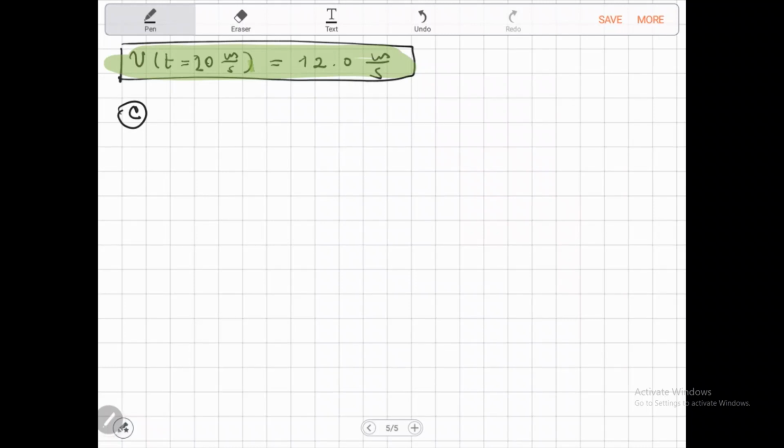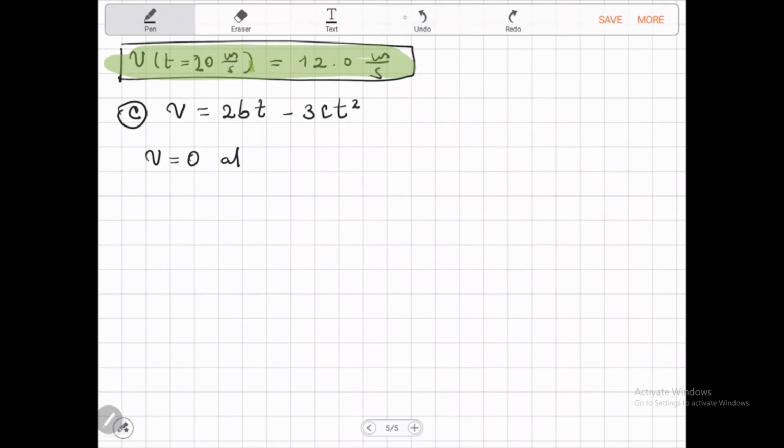We know that the instantaneous velocity is v equal to 2bt minus 3ct squared, right? So what we have to do here is calculate the time when the particle, or the car in this case, is at rest, when it's not moving at all. We know that v is equal to 0 at t equals 0.